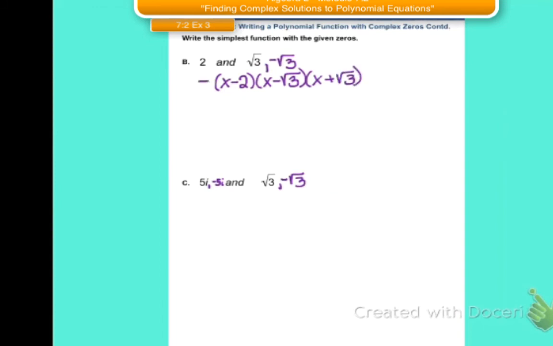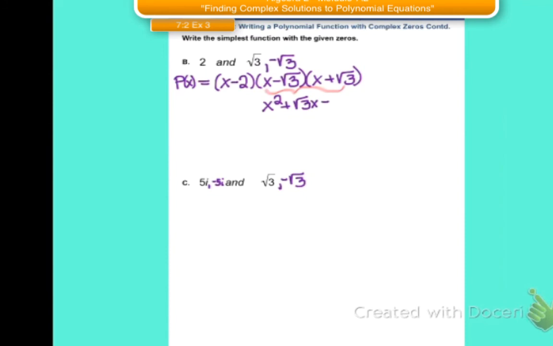So to expand out these binomials, I again want to pick the ones that are these conjugate root pairs to multiply together first. So I'm going to start off with these two binomials and use FOIL. X times x, that's x squared. Outside two, positive square root of 3x.